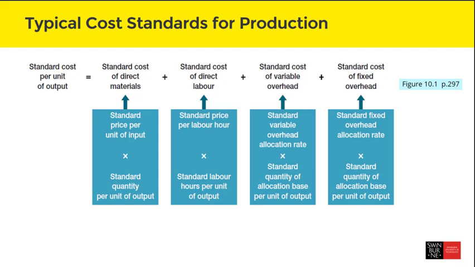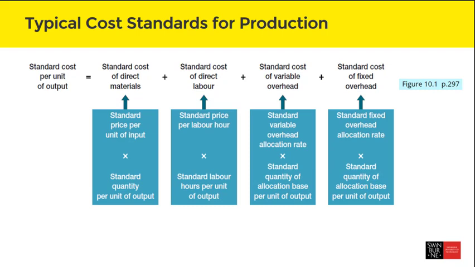If you look at each cost component one by one, we can further classify it into two categories. Let's focus on the first one, which is standard cost of direct material. Standard cost of direct material has two main components, price and quantity.